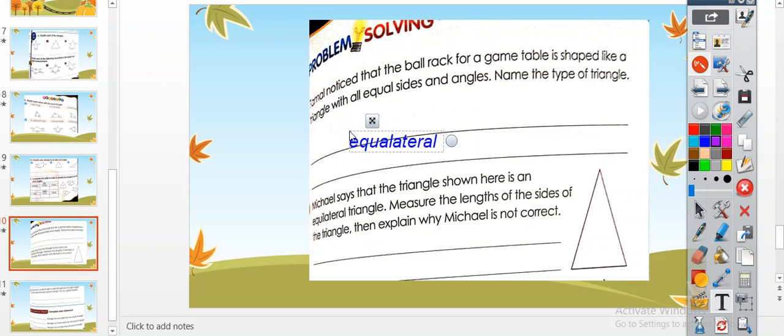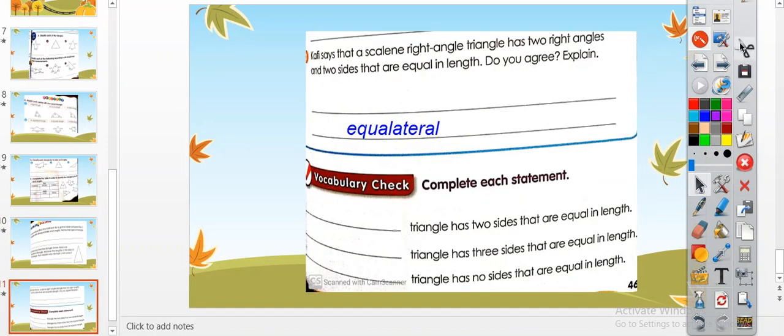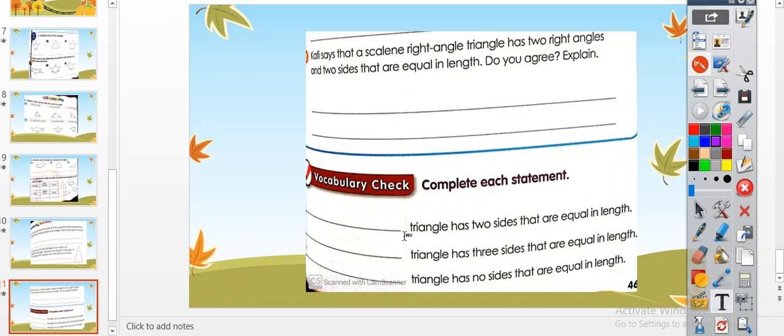Okay. Now finally here, go to the vocabulary check. Okay. Complete each statement. A triangle that has two sides that are equal in length.